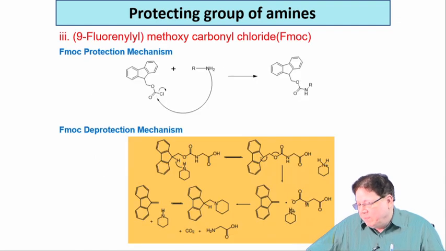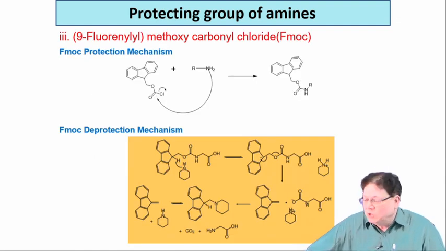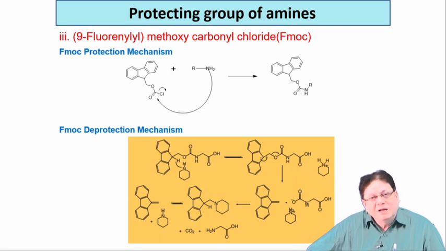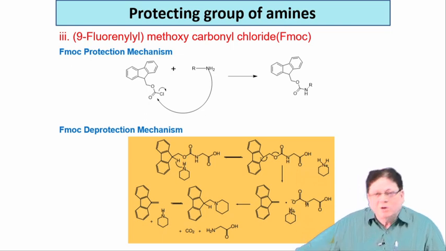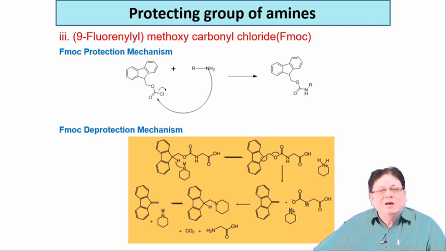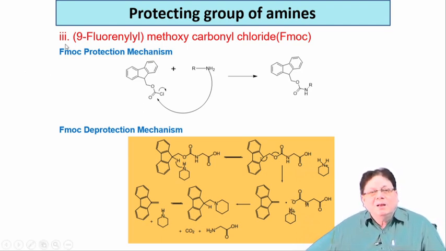Next comes another protecting group. I should also tell you, this is another protecting group which is now routinely used in peptide synthesis, that is called the FMOC group. FMOC, the name is 9-fluorenylmethoxycarbonyl chloride, and FMOC protection is very similar.